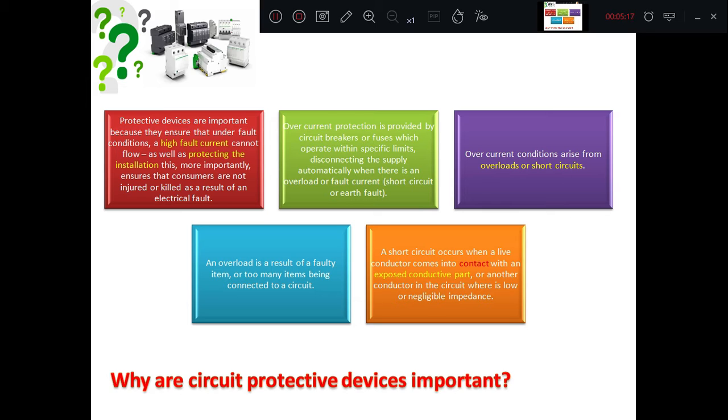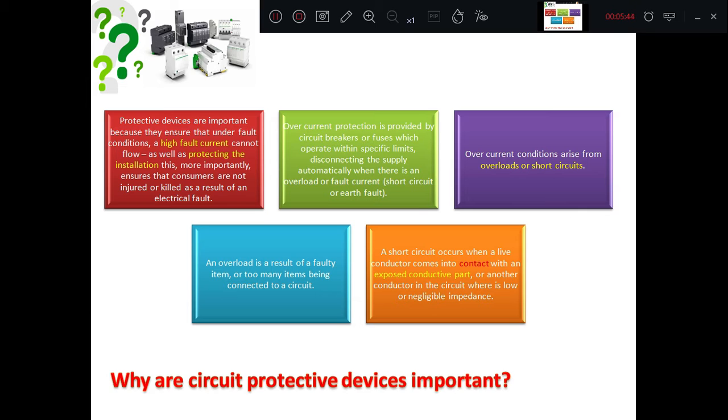That is what we call overloading of the system. A short circuit occurs when a live conductor comes into contact with an exposed conductive part, or another conductor in the circuit with very low or negligible impedance, and that is what we call a dead short circuit.